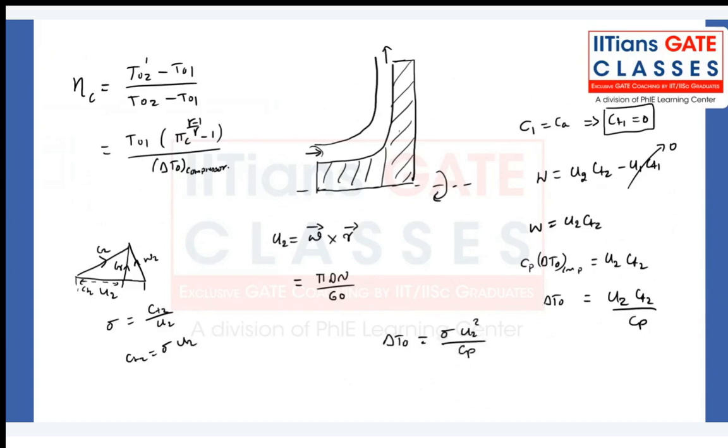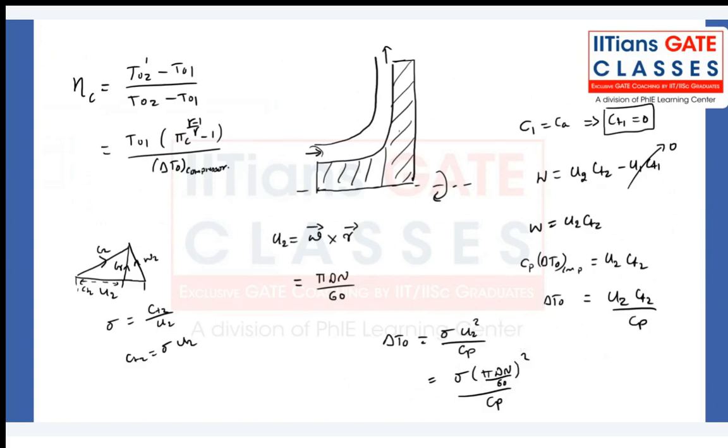So now U2 is pi d n by 60. So I am just replacing that one: pi d n divided by 60, whole square, divided by Cp. So now you calculate this one, you should be able to get delta T naught from this one.